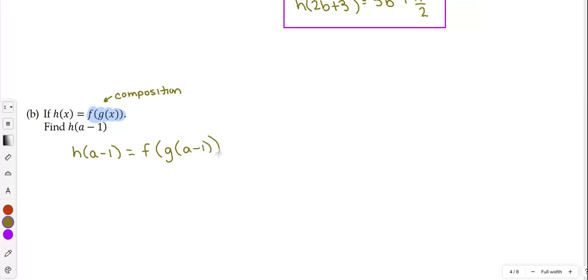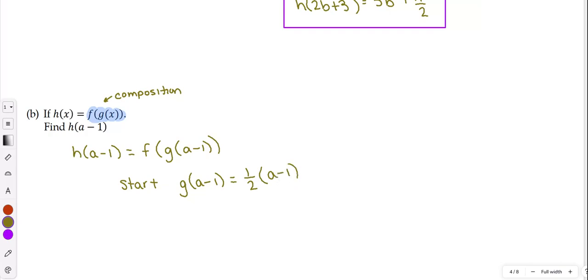Just like before, we start with the function that is closest to the input, in this case, g. We look at g's rule. G is 1/2 x, so 1/2 times a minus 1.